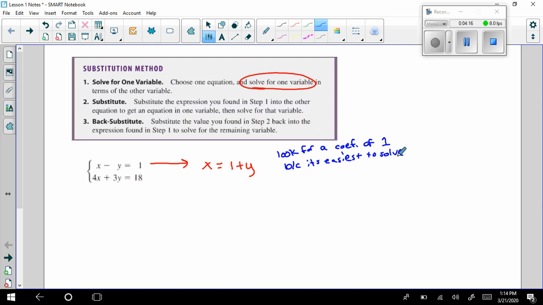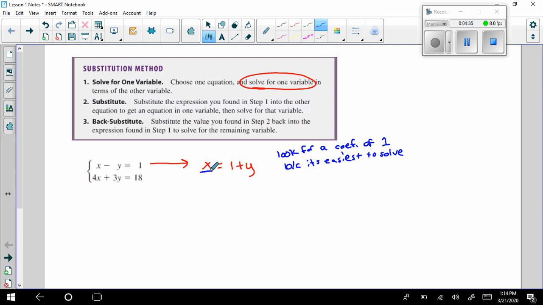And for the purpose of our assignment, I'll have you do one of each method, but generally speaking, I don't care. And probably on a quiz, I'll ask you to, but when we take our final unit test, I won't specify which method you need to use.